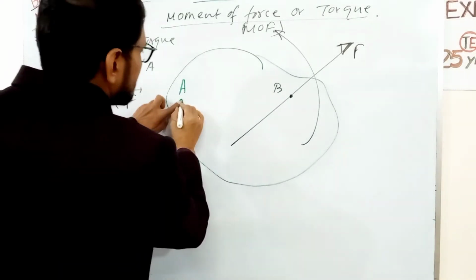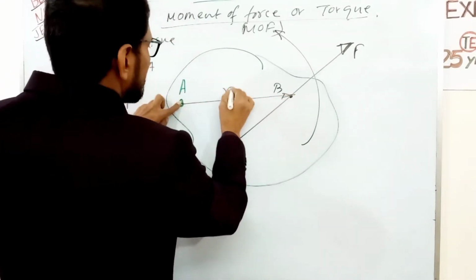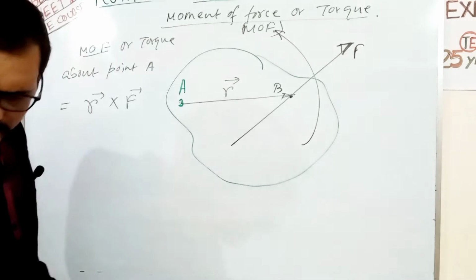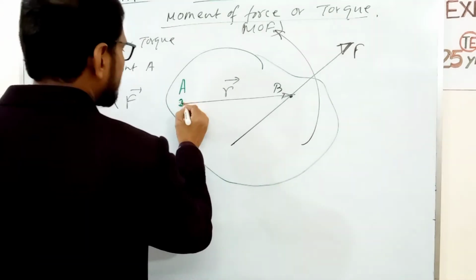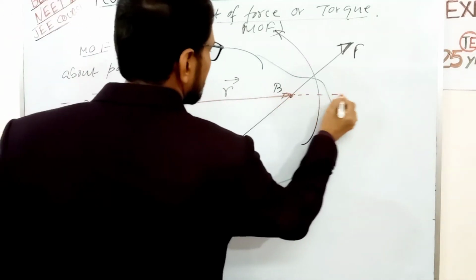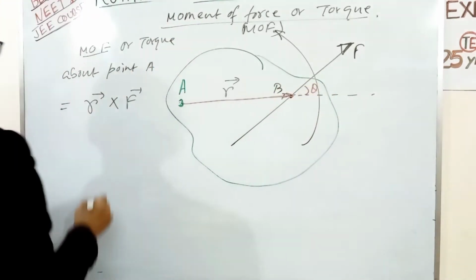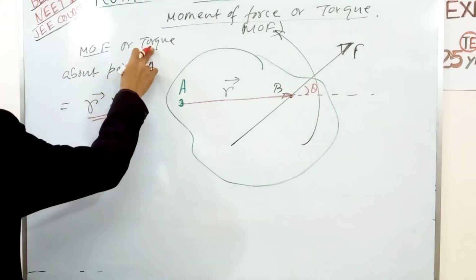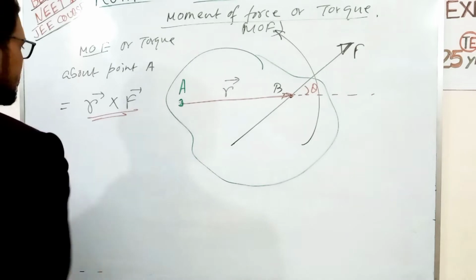This line is r, and F is this. This is the angle theta. So r cross F is the moment of force or torque about point A.